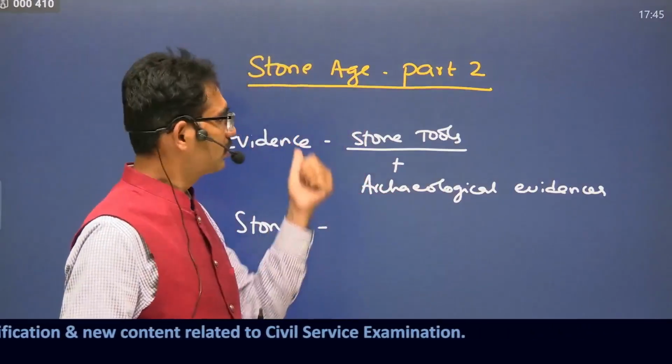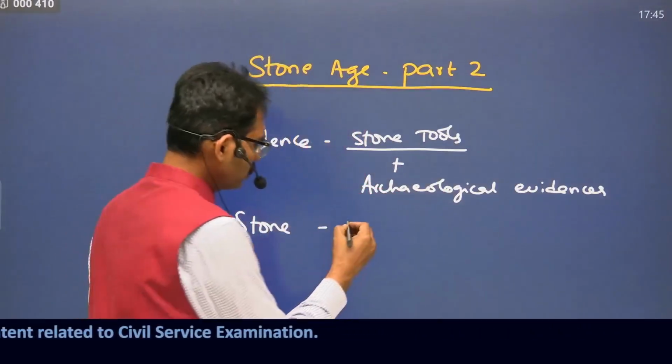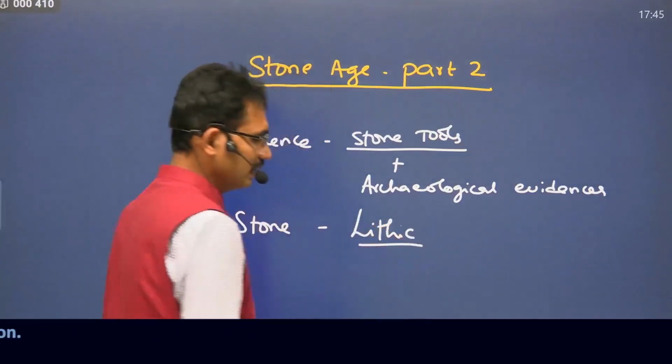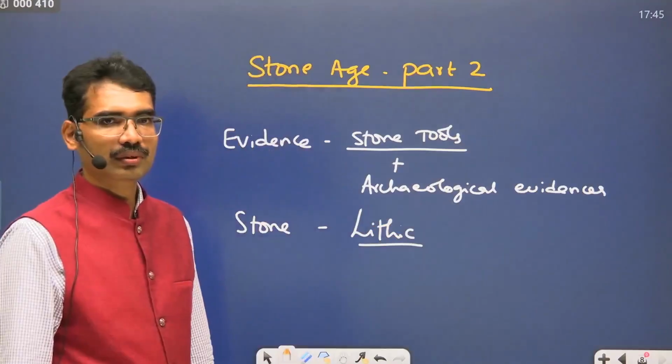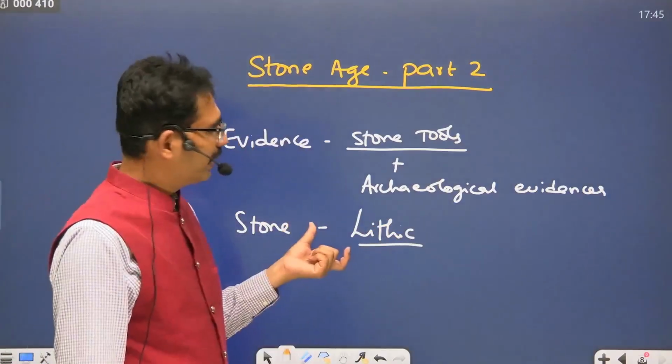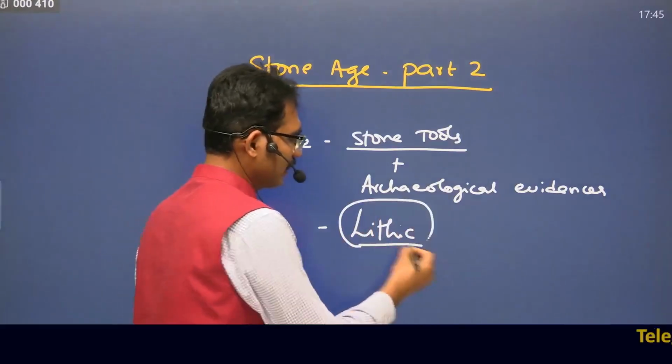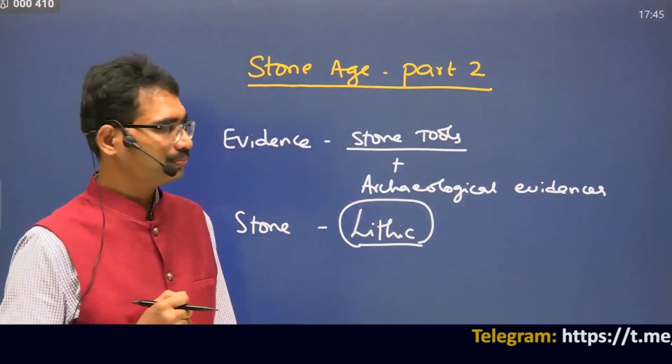In this case also, stone has a root word, that is lithic. That's why lithic is the term you get when it comes to the classification of Stone Age.